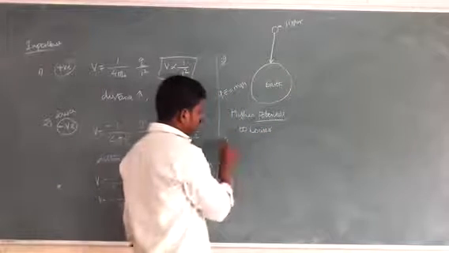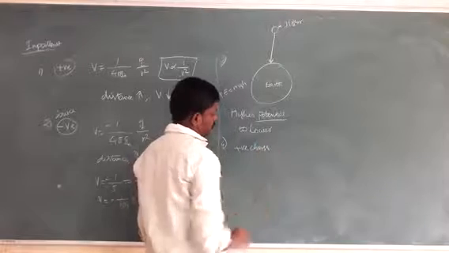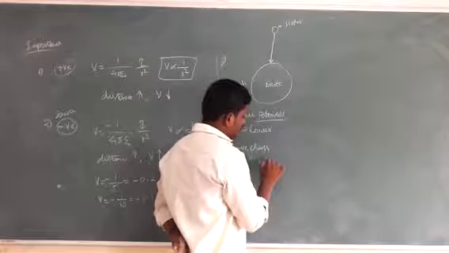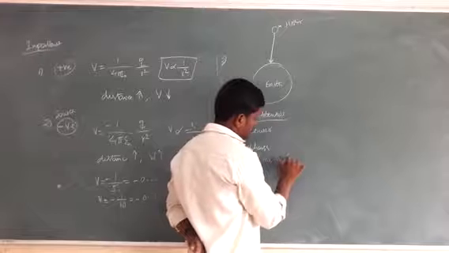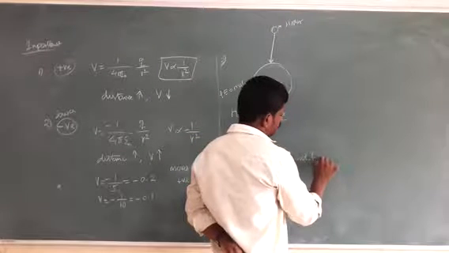Similarly for a positive charge, the Q dash, that is the test charge, moves from higher to lower. How?